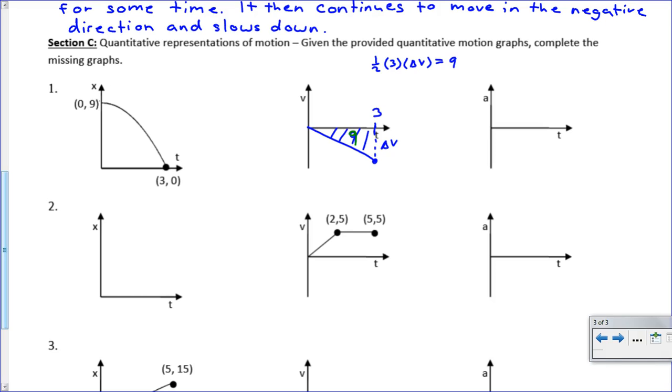And so what we end up with here is 1.5 delta V equals 9. Then we take 9 divided by 1.5, and we get change in velocity equals 6.